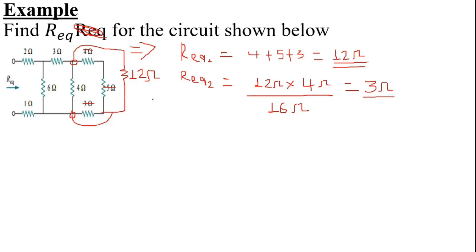So now our circuit is reduced as, yes, here it is 3 ohm, and here it is 6 ohm, and here it is 1 ohm, and we have 3 ohm here, and our equivalent to that is 3 ohm.